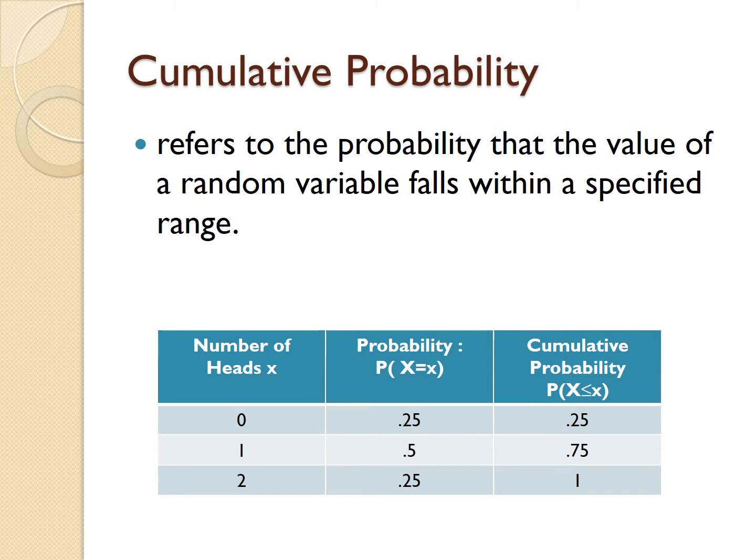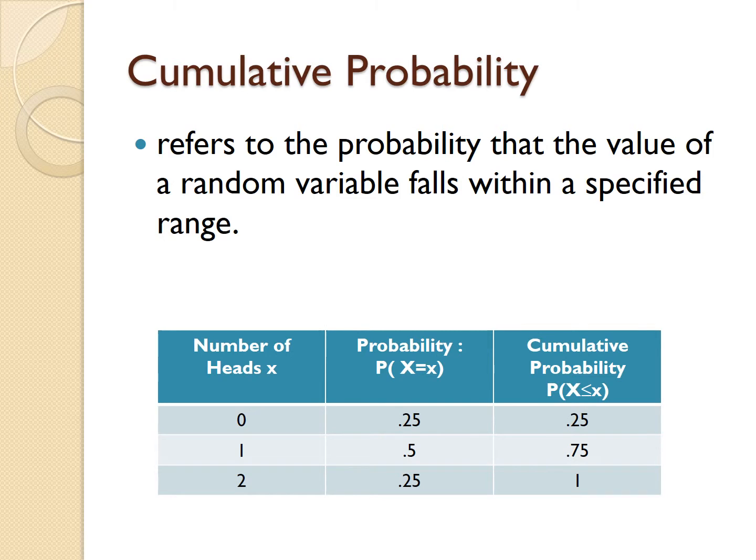The cumulative probability of x less than or equal to 1 would be the sum of the probability of x equal to 0 plus the probability of x equal to 1, which is 0.25 plus 0.5, equal to 0.75.